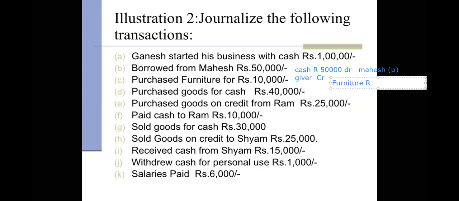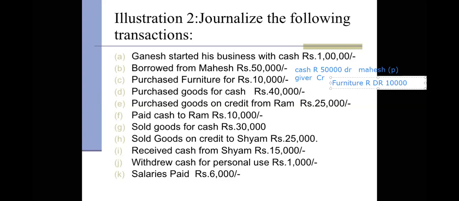I'm writing R for it. Now you have to speak up the rule: furniture, real. Debit what comes in, credit what goes out. Furniture is coming in because you are purchasing it, so definitely it will be debited. Furniture of 10,000 will be debited.